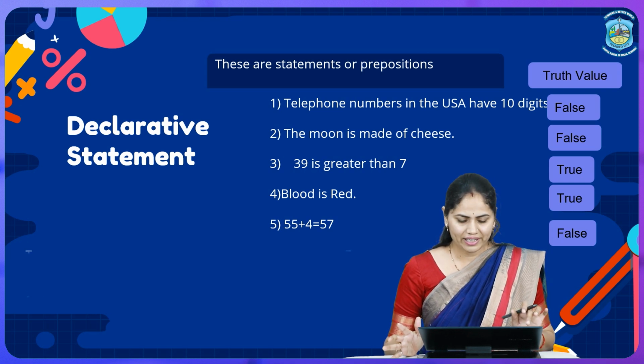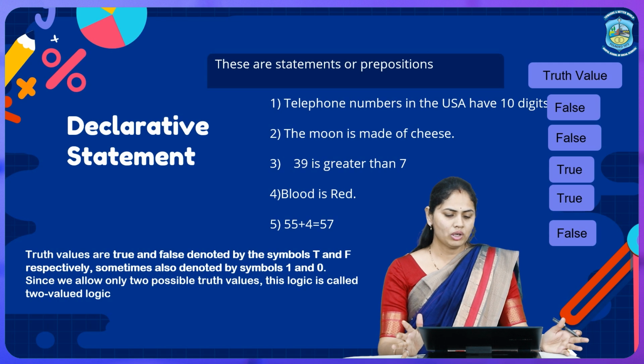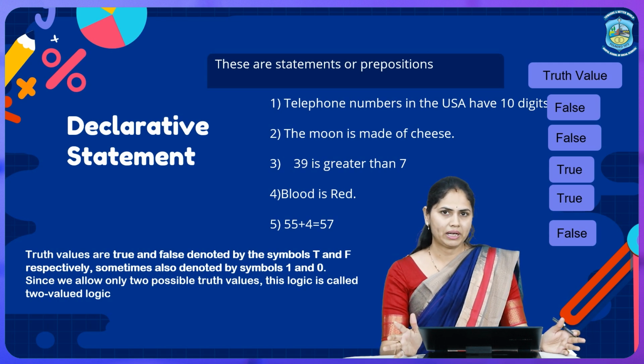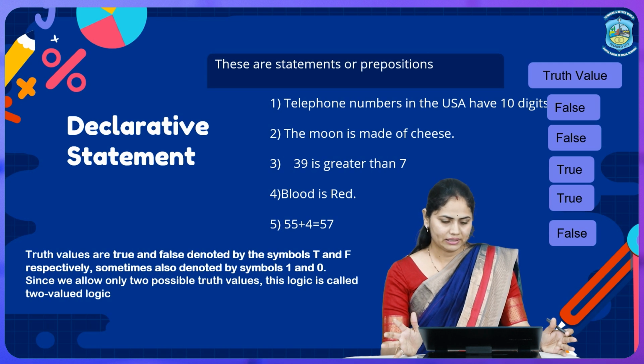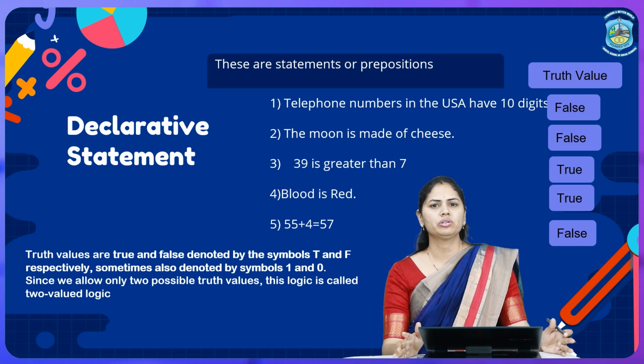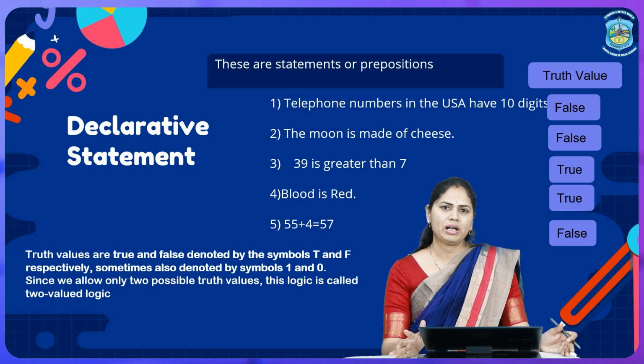Now, let us understand what this truth value is. Truth values are true and false, which are denoted by capital T and capital F. Sometimes it is also denoted by the symbols 1 and 0. True is represented by 1 and false is represented by 0.